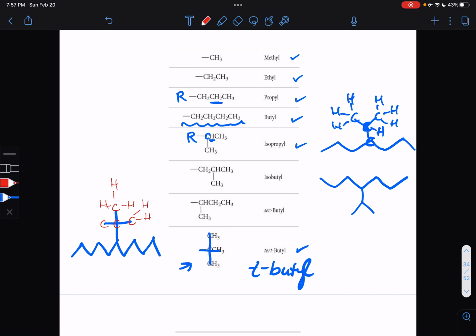And let me squish these guys over here. And this carbon in the center right here, my friends, how many hydrogens is it connected to? Well, if we look at the structure over here, you can see that that carbon in the center right there doesn't have any hydrogens on it. And that's because it is single bonded to 4 other carbons.